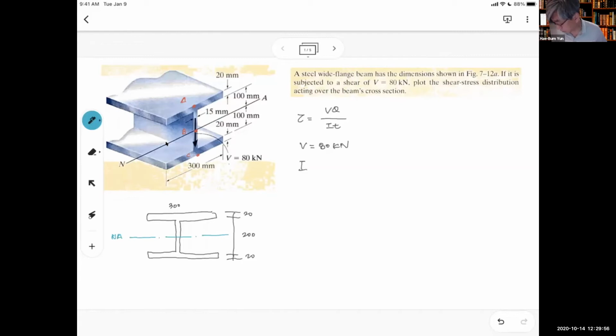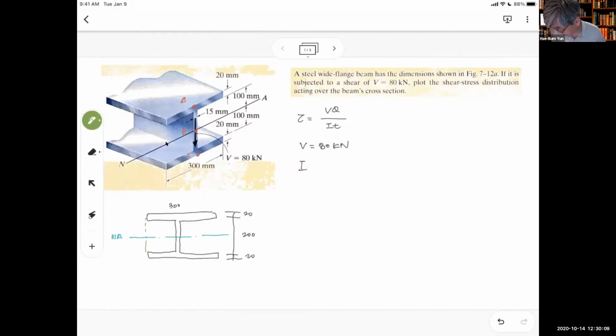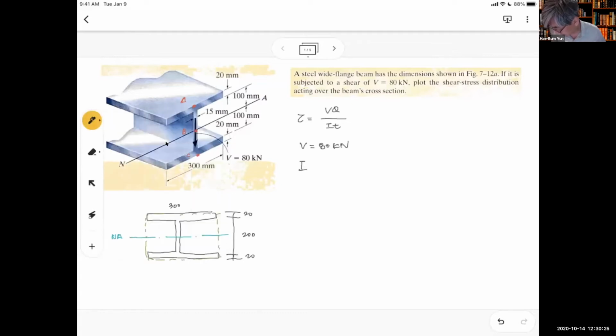And there are different ways to calculate I, but in this case, I'm going to have 2 areas like that. So we have a big rectangle, subtract this rectangle, using the bh cubed over 12 formula.